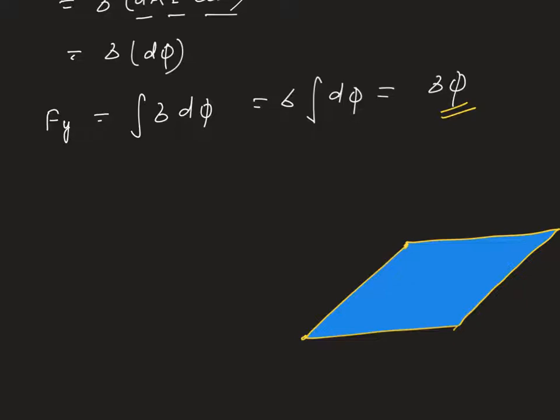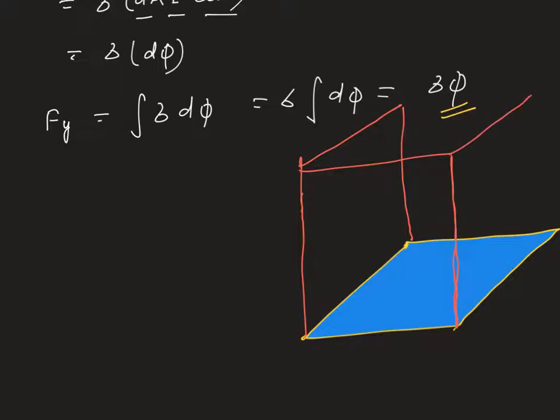I can create a cube around this plate. Use a different color. I can create a cube around this plate like this. Okay, so I have created a cube around this plate.